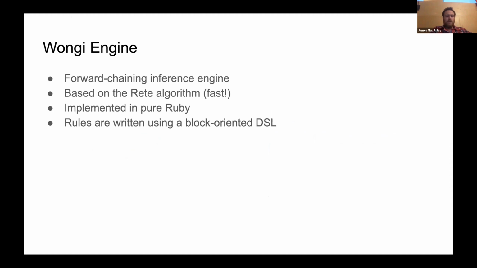Basically, the Rete algorithm is fast, unlike Swish and maybe most other implementations of Prolog. Wongy is implemented in pure Ruby, and the rules are written using a block-oriented DSL that is a lot like a lot of other Ruby DSLs, lots of nested blocks.